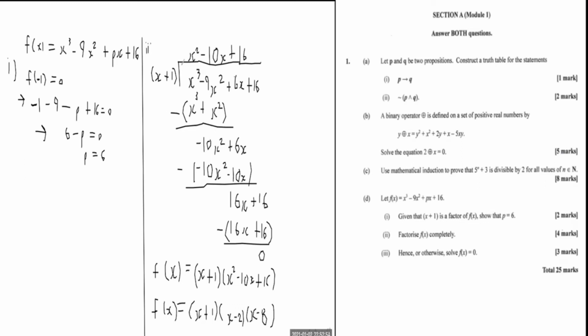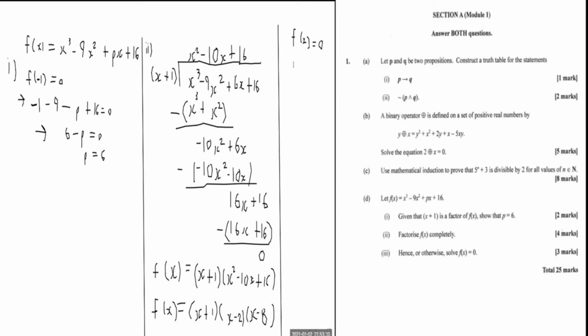Part 3 says hence solve f of x equals 0. Solving f of x equals 0 means you're going to be solving for the roots. And it says hence, that means you should just use the factors that you have. So solving f of x equals 0 is very simple. I'm just going to write down the solution.